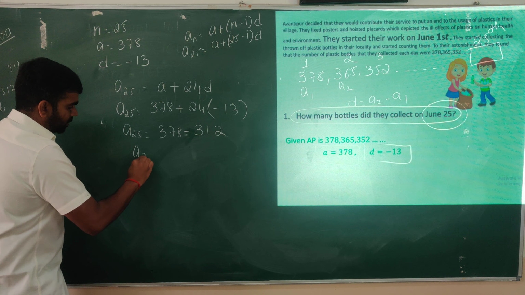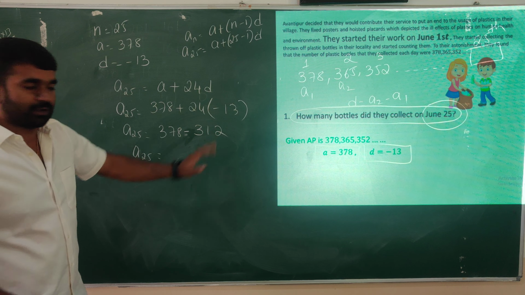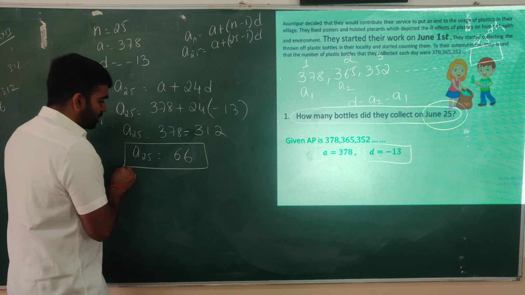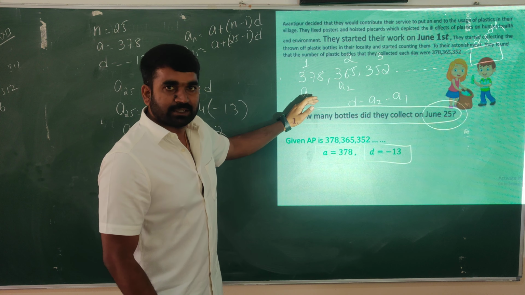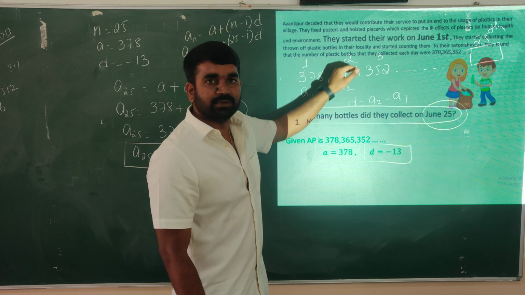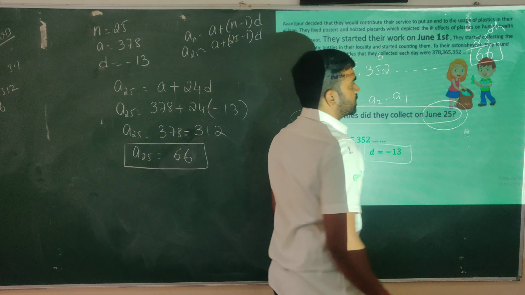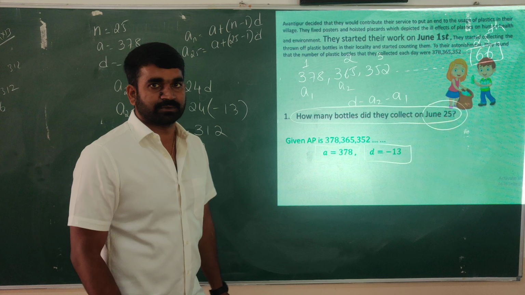So A25 is equal to 378 minus 312, which is 66. What is the meaning of A25 is equal to 66? On the first day, A1, they are going to collect 378 bottles. On the second day, A2, 365 bottles. On the 25th day, they are going to collect 66 bottles. That is about the first sub question.